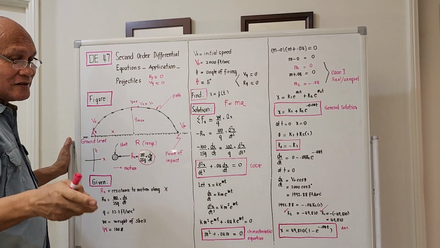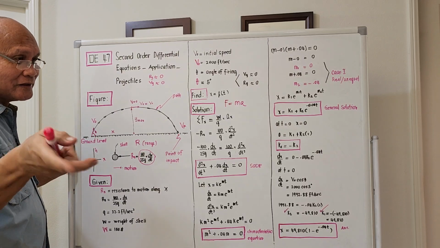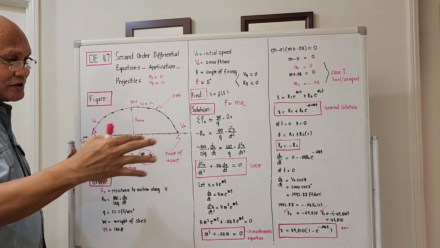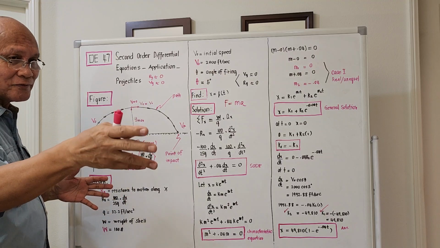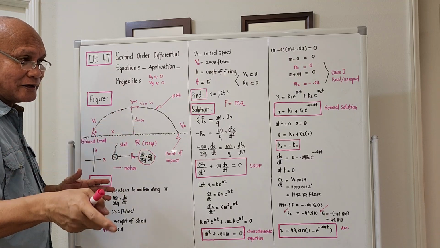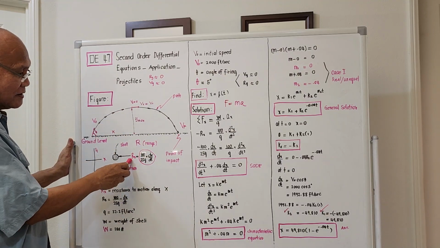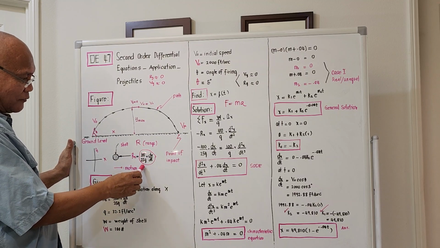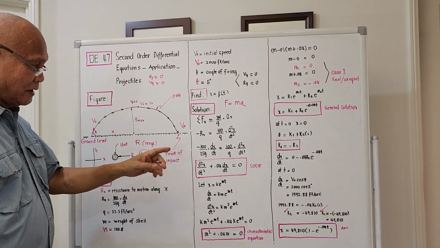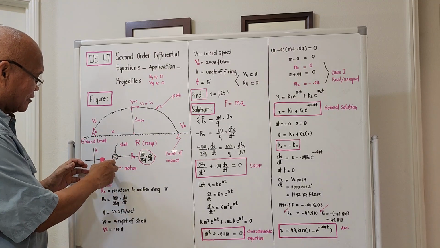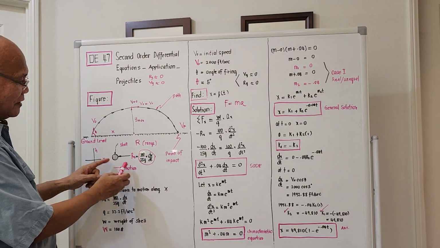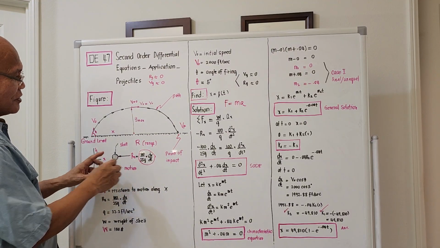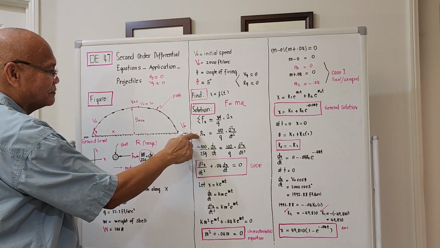But the problem only indicated that the other resistance to motion is negligible, and the only one acting is the resistance to motion Rx, which is 100 over 25G times dx/dt. So if we take the summation of forces acting on the shell, it's only Rx. Okay?